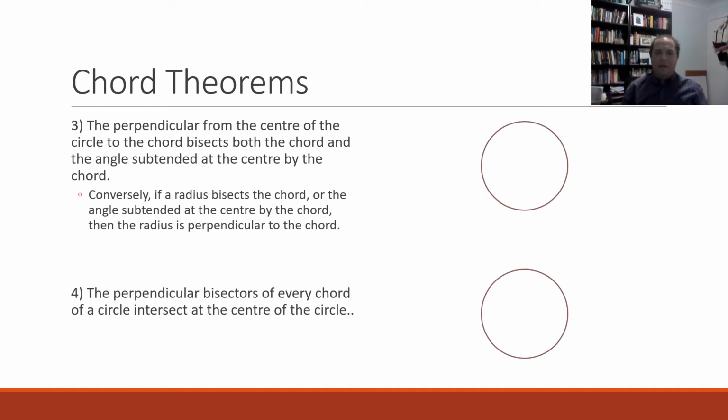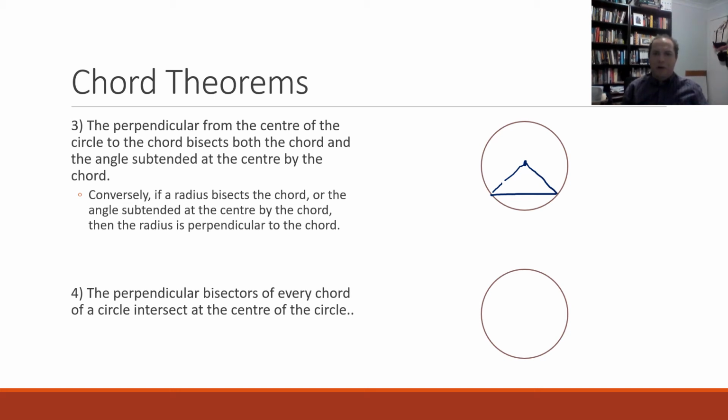All right, for our third chord theorem, the perpendicular from the center of a circle bisects both the chord and the angle subtended at the center. So that's our chord here, and here's our center. Let's subtend our angle there with two radii.